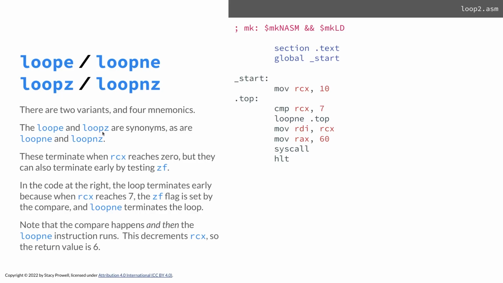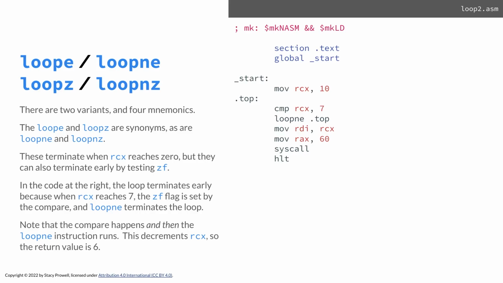So these are different versions of the loop, and they terminate when RCX reaches 0, just like before, but they can terminate early by testing the zero flag. They're still going to decrement RCX and then branch if it's not 0, but they will also test ZF as well.